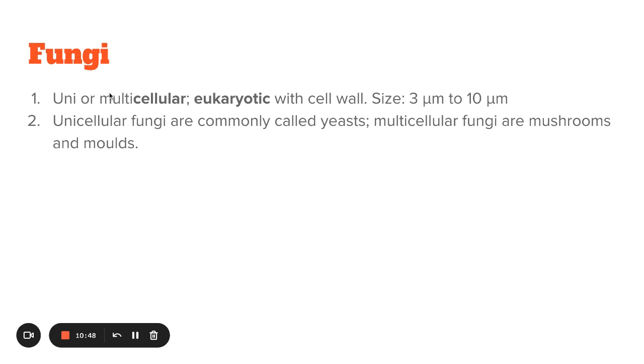The ones that are made from multiple cells, so more than one, are mushrooms and molds. So we often think of fungi as directly related to mushrooms, right? The ones that you eat, you put into a spaghetti bowl, the ones that pop up after the rain in your garden. They are actually multicellular fungi.